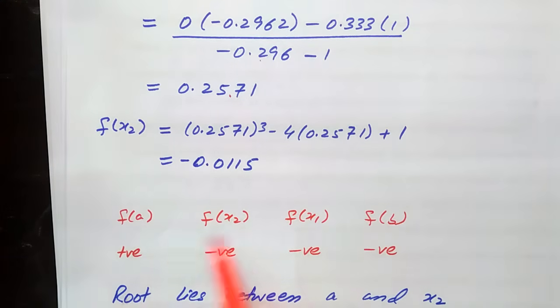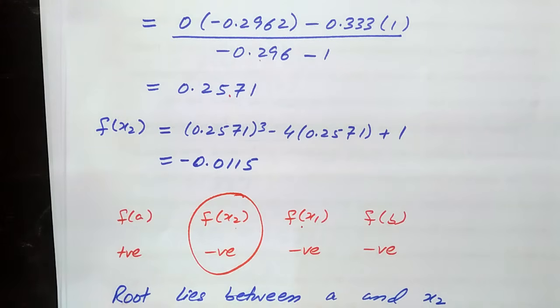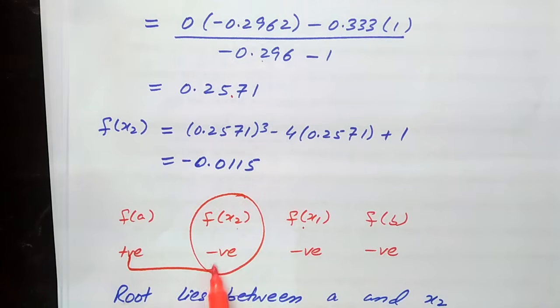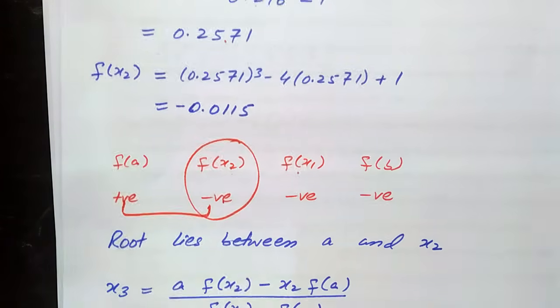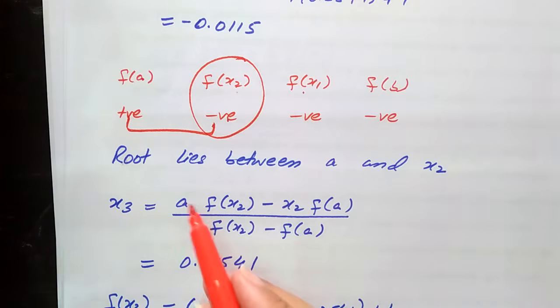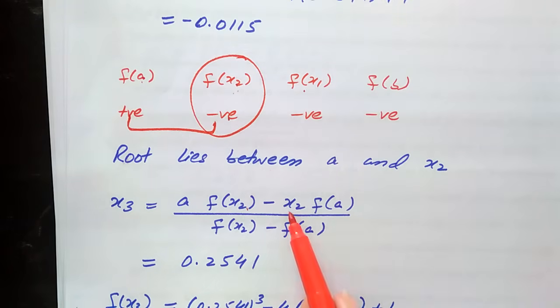Now we have f of a, f of x2, f of x1, f of b. Observe the behaviors. Right now we are at f of x2. The function shows opposite behavior here, positive and negative, so our root lies between a and x2. Our third approximate value will be calculated using a and x2: (a f of x2 minus x2 f of a) over (f of x2 minus f of a).